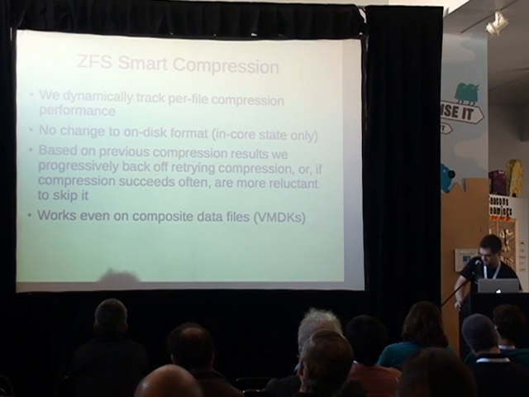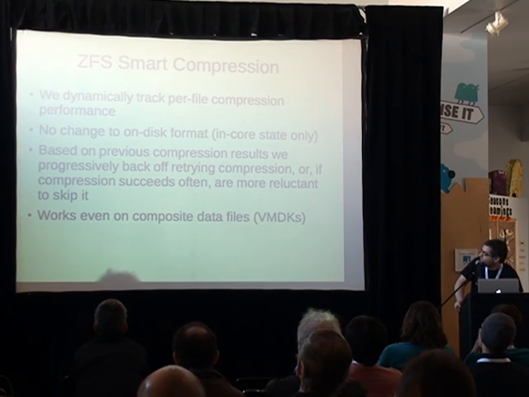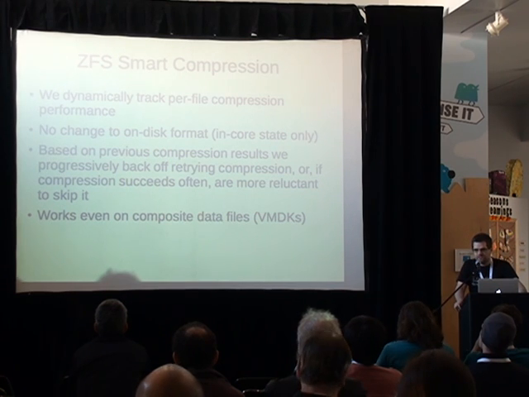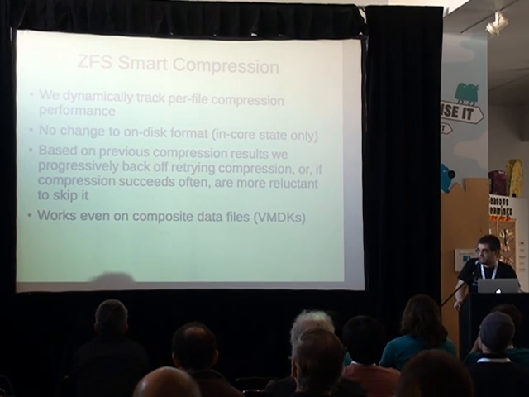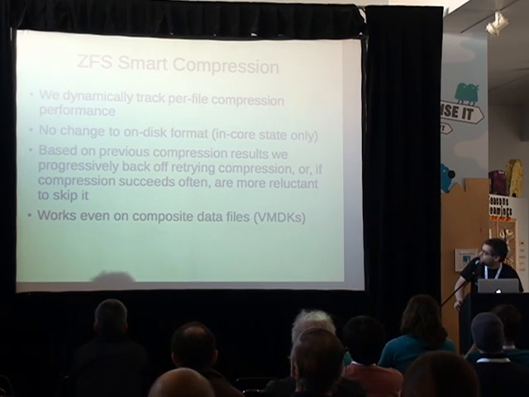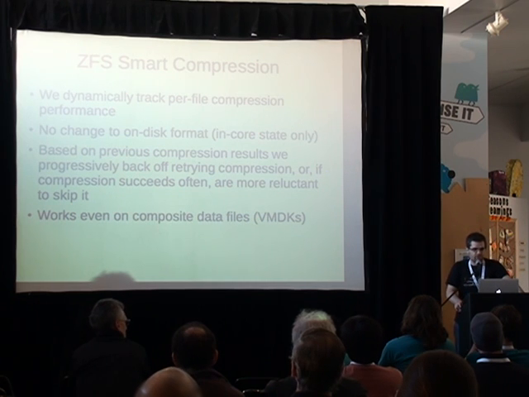So what we did at Nexenta was, why don't we just use the file system itself to track per file compression? We'll just make ZFS smart about remembering what it's been doing in the past. So we just extended a bunch of the in-memory structures.